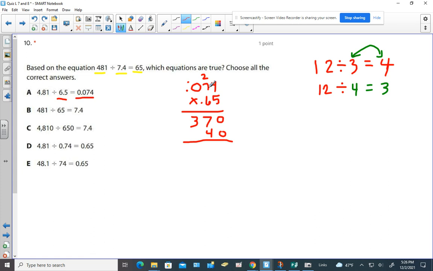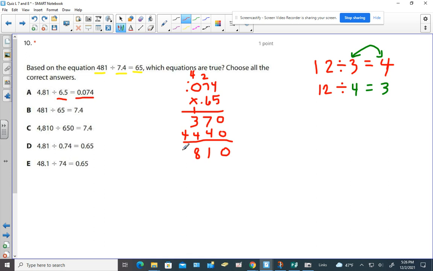This times this would be 42, and the 2 more would make 44. And this times 0 would be 0, plus this would be 4.